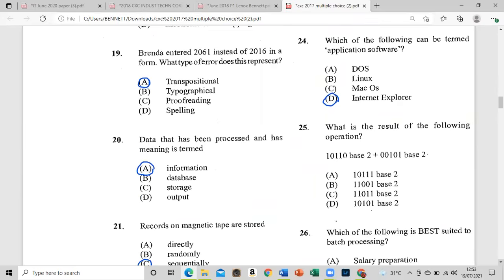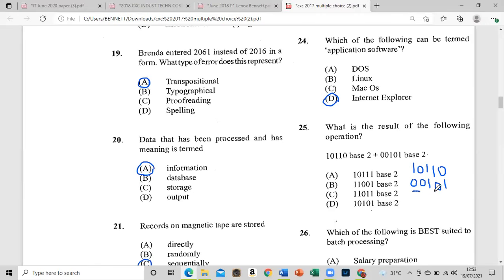All right. What is the result of the following operations on this one? Let's start it. So 1, 0, 1, 1, 0. I was going to do these, but my subscribers have told me that it's not necessary, so I won't be doing it again. Both of them are in base 2.